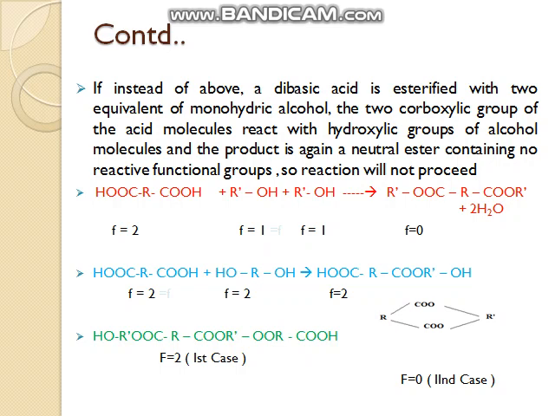So the final product also has functionality of 2, and there is a possibility of a polymerization reaction. So there are two possibilities. In the first case we get a linear polymer, and in the second case, when functionality is 0, no further reaction takes place.